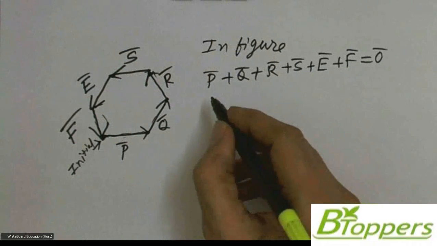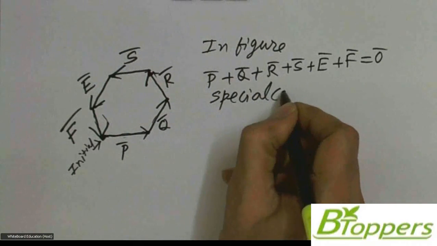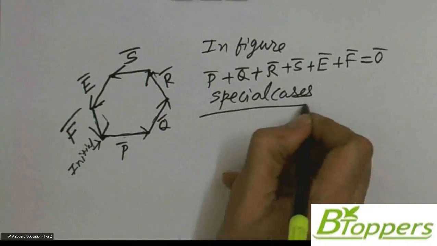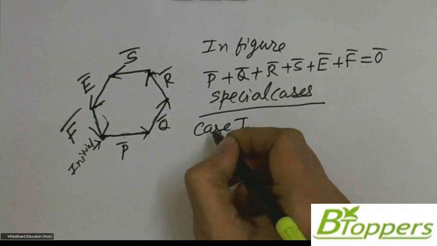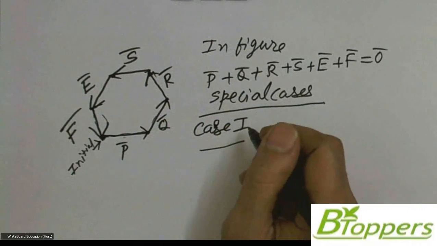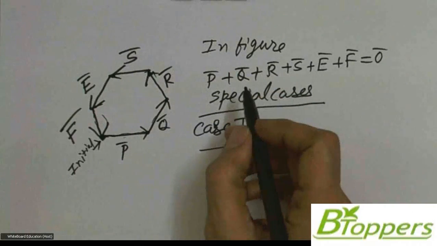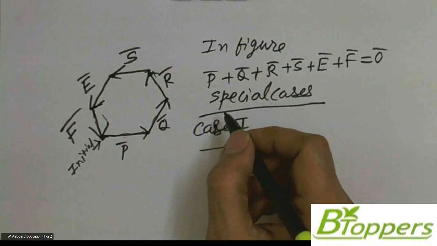So next I am going to discuss 2 special cases. In the case of the polygon law of addition of vectors, you may be given a problem where all the vectors have the same magnitude.